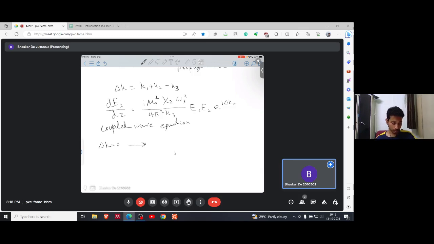This delta k equal to 0 is known as the ideal phase matching condition.